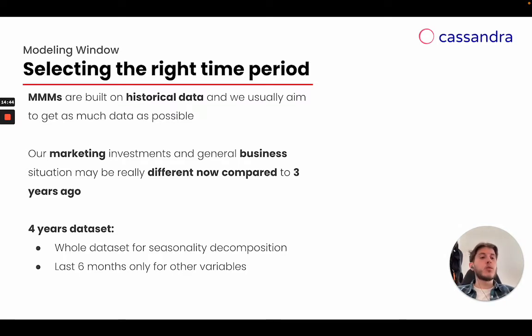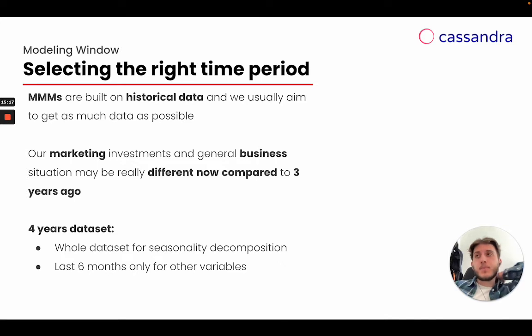But then, in order to better model reality, to better represent the real and actual situation of our business, we may want to use only the last 6 months of data, for instance, for the other variables. And so what you are doing is building two separate models. You will build the first one with the whole dataset for the seasonality decomposition, and then you will provide the outputs generated by that seasonality decomposition analysis as inputs to your main model, where you have only your 6 months of data.